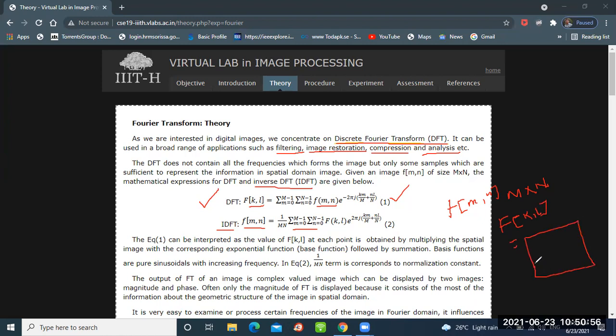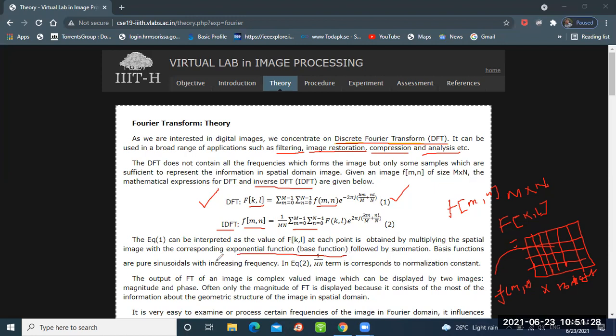Suppose this is my representation of F of k, l. Now each point of F of k, l is obtained by multiplying each point of the original image f of m, n by the basis function. Now the basis function here is your exponential function, multiplied with the corresponding exponential function, followed by summations.